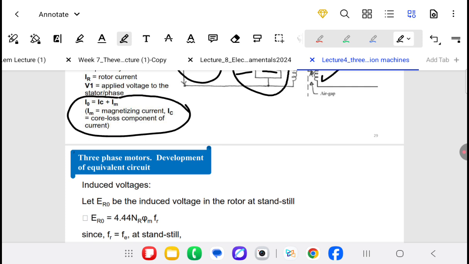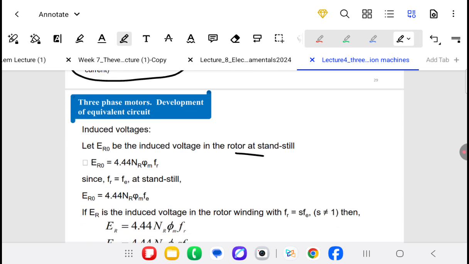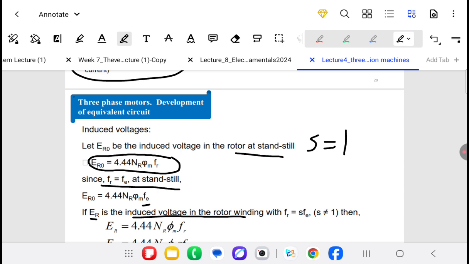The induced voltage in the rotor at standstill, at S equals 1, is equal to 4.44 NR times phi times the frequency of rotor. Now the frequency of rotor is equal to the frequency of the stator as S equals 1, which is FE. If we need to get ER at any slip, FR will equal S times F stator.